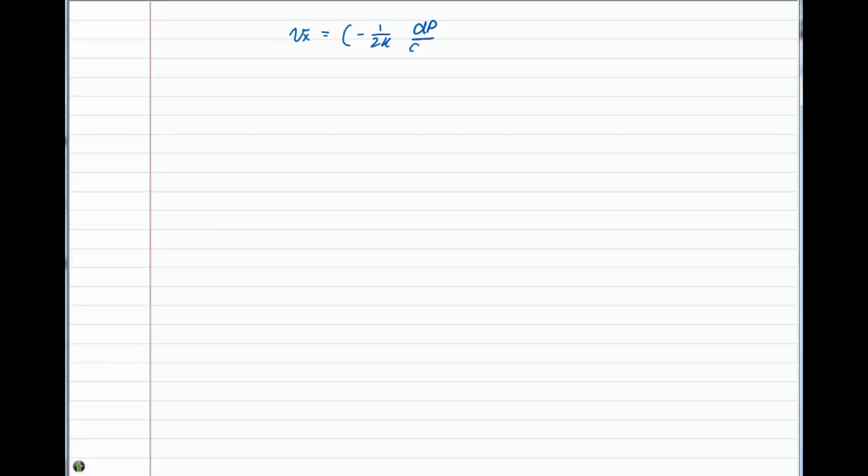Okay, so now we're on a new page. I'm going to write down the expression for Vx once more, so we have it standing there at the top. The next thing we're going to do now is to find the expression for the average velocity.